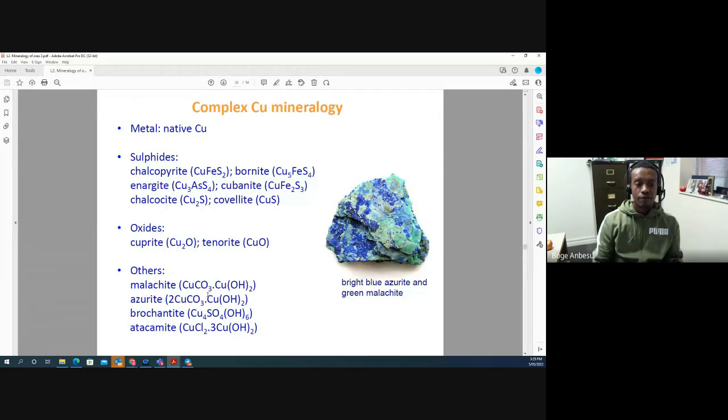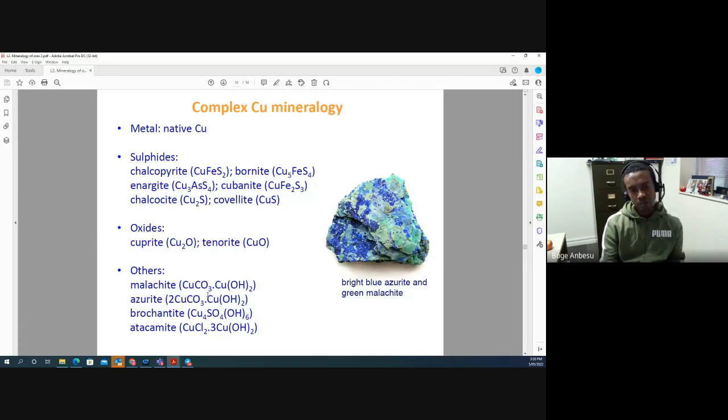So when you have a lot of minerals containing copper all in one deposit, it's actually a nightmare situation because you can't have a good processing flow sheet to be able to deal with all these minerals at the same time. Whatever I have for processing sulfides cannot be the same for processing oxides and so on.